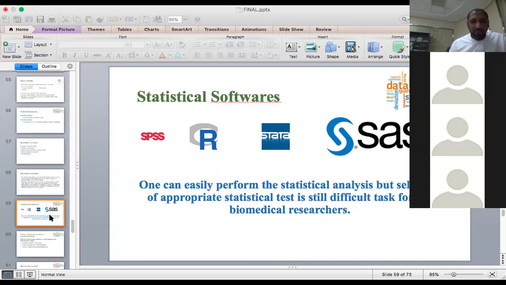For example, you did a t-test instead of a Mann-Whitney test, because the data was not normally distributed. So you went and did a t-test instead of a Mann-Whitney test. This is the wrong test to be applied over here, though it will give you a result.